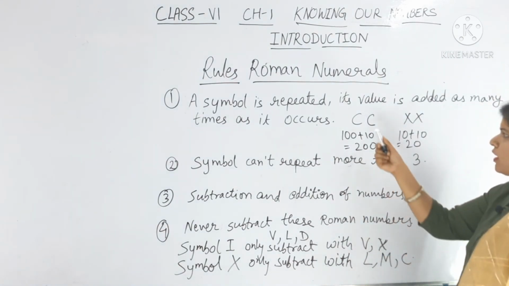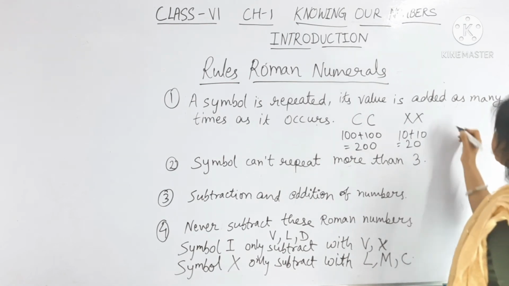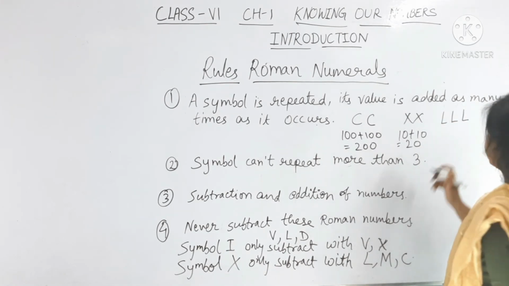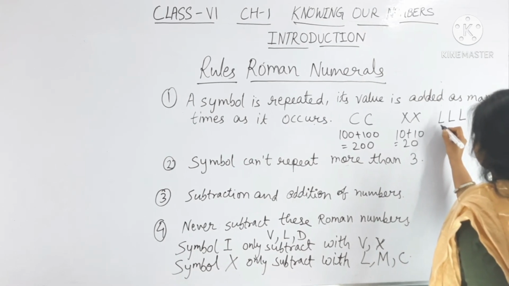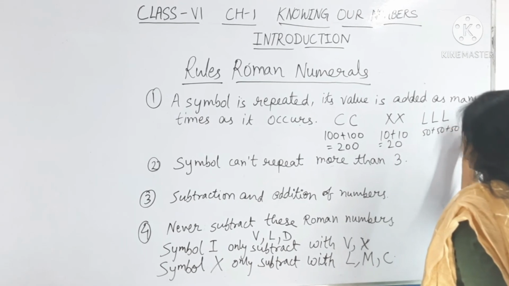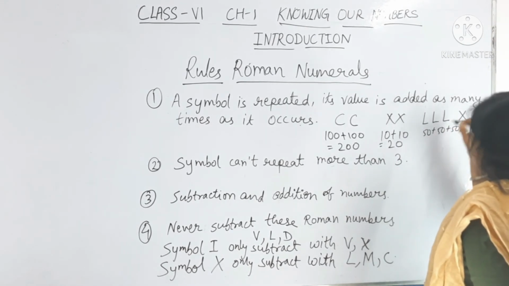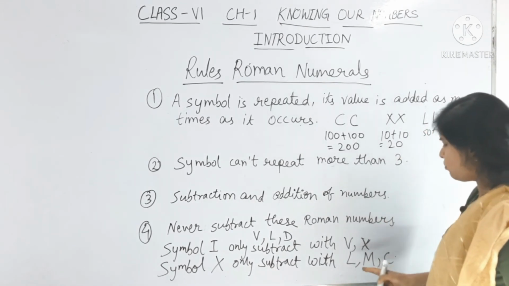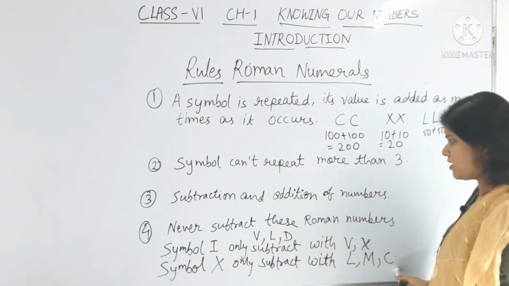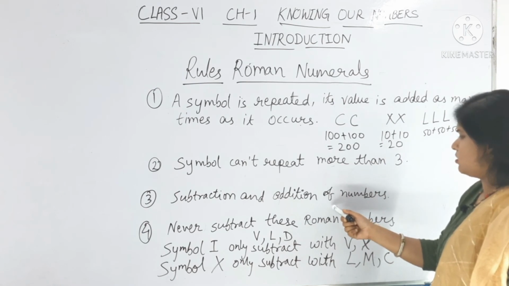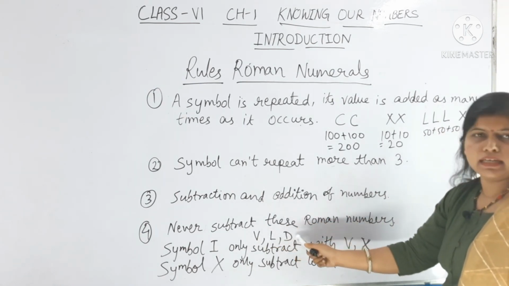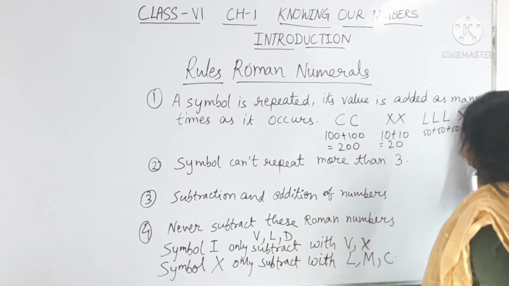So you can write like this, but can you write like this for 150? That is 50 plus 50 plus 50. If I write this, it will be wrong. So you have some rules for this: the symbol X can only be subtracted from L, M and C. There is never subtraction for the Roman numerals V, L and D. So for L we can't do like this.